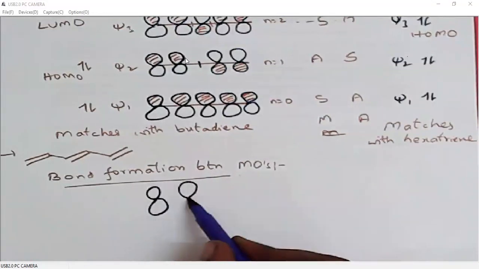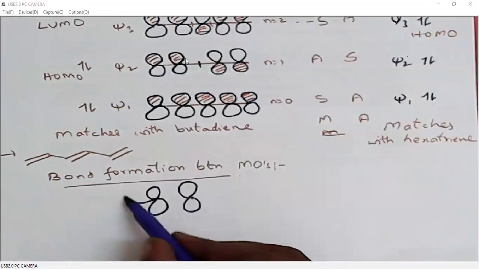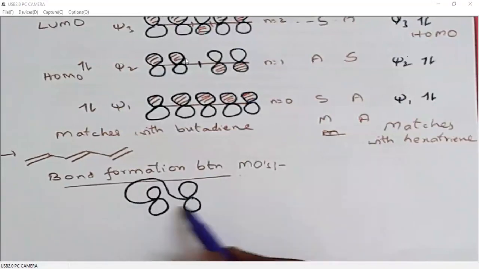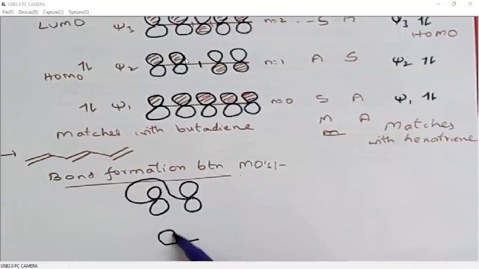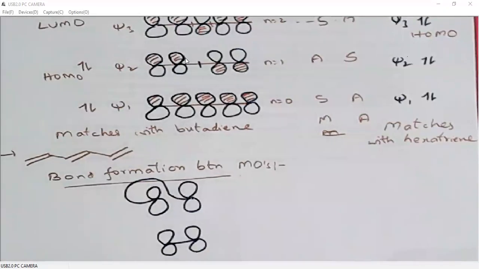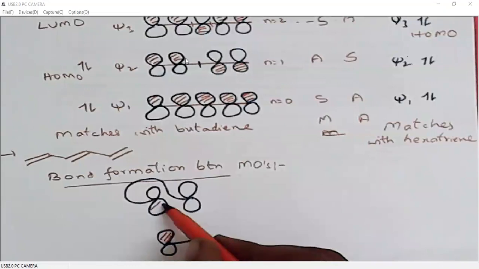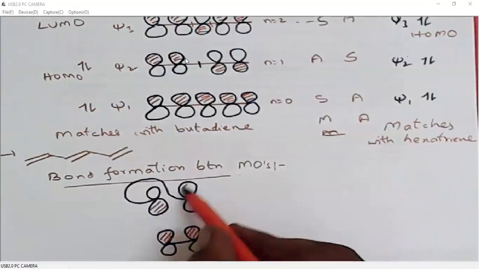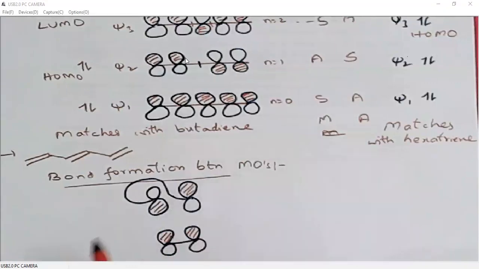If these two are the end carbons, I will take a simple alkene here. Say for example, these two are in phase, these two are out of phase. These two are in reverse phases, these two are in the same phase.